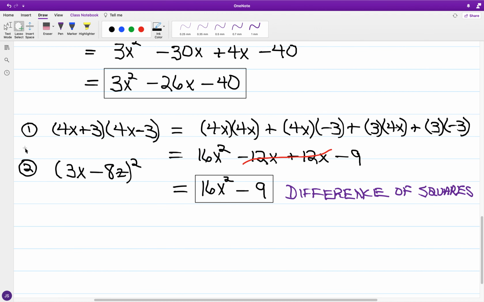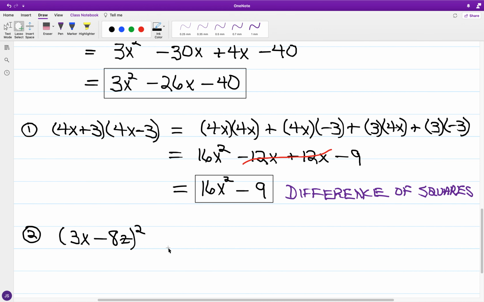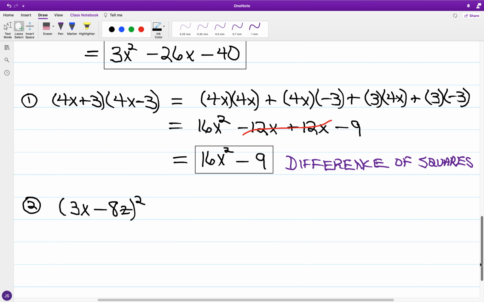Right. Now for the other item, we're looking at the square of 3x minus 8z. And again you can use either approach. I tell you what, we'll go with the geometric one on this one.